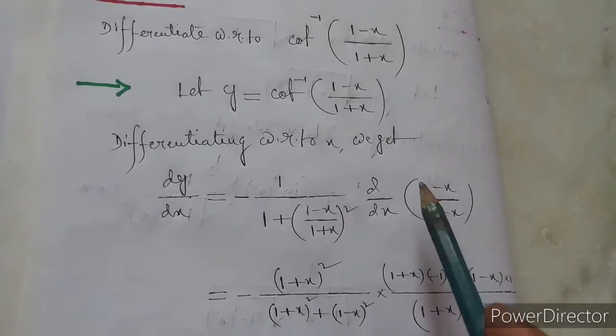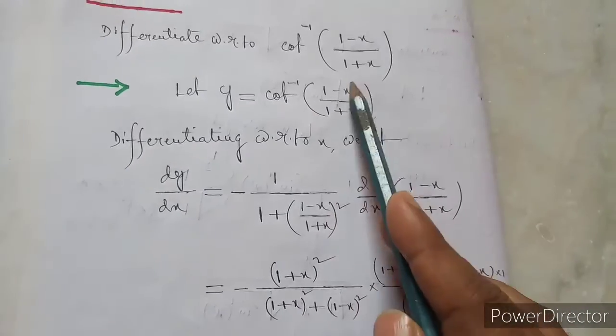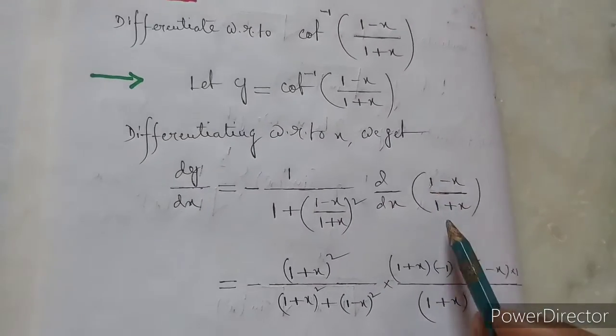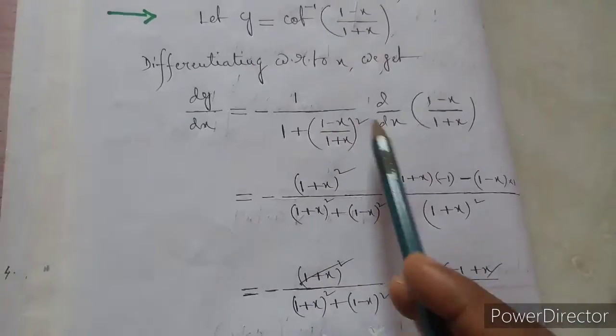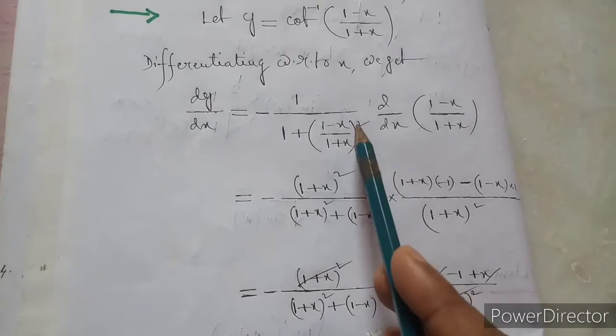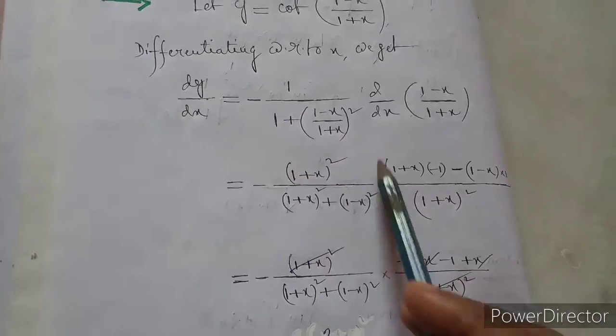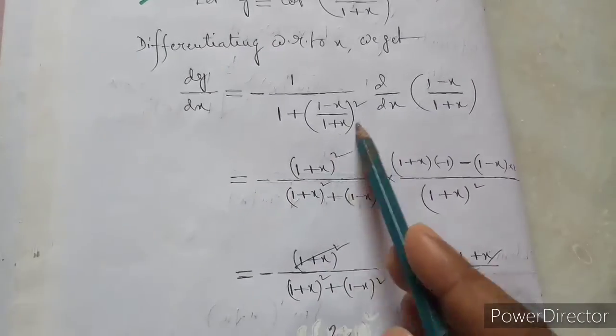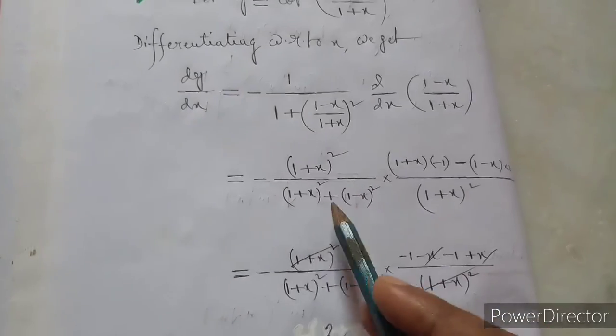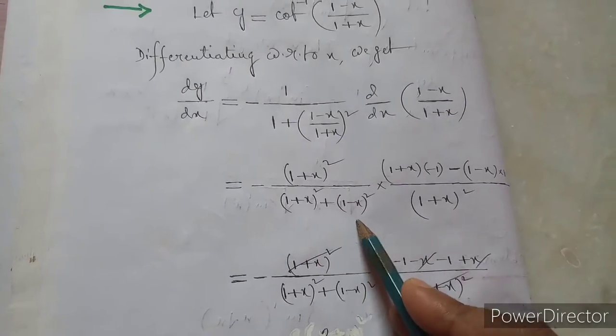And now according to the chain rule, the derivative of this one, that means d/dx of (1 minus x) by (1 plus x). After simplification we get minus of (1 plus x) square by (1 plus x) square plus (1 minus x) square.